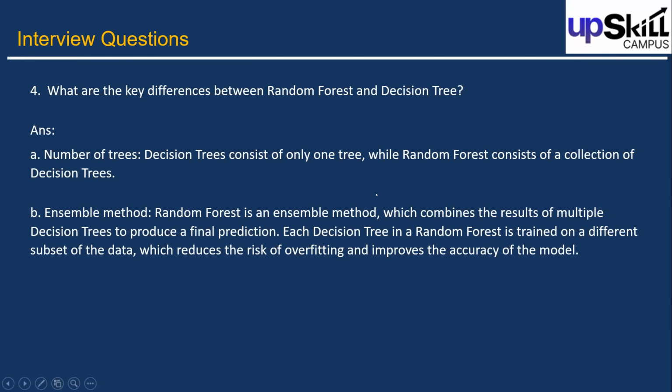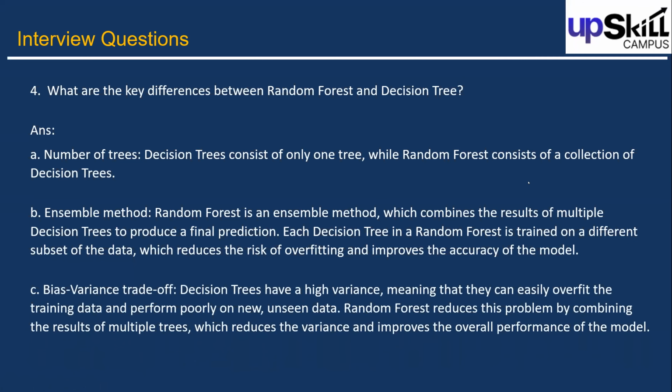Sir, which kind of problem can we solve with random forest or decision tree? How can we decide that we have to apply random forest for a particular problem? So the rule of thumb is if you have a dataset of over 10,000 or 1 lakh points as a threshold, you should use random forest.